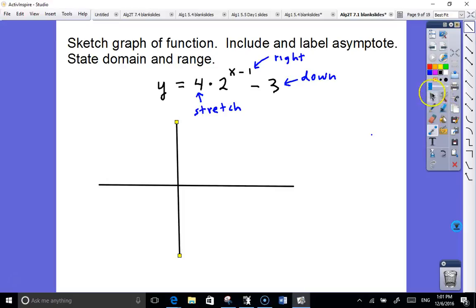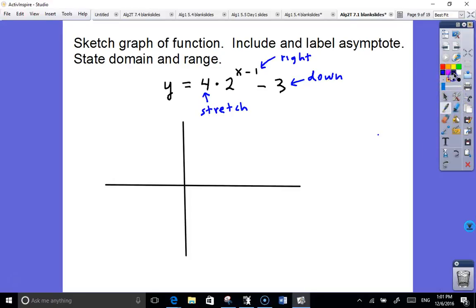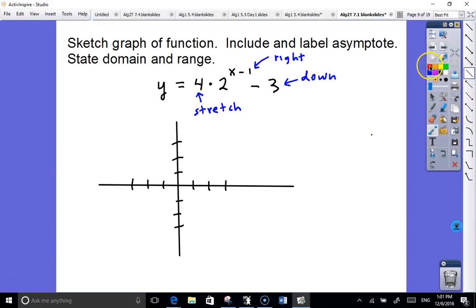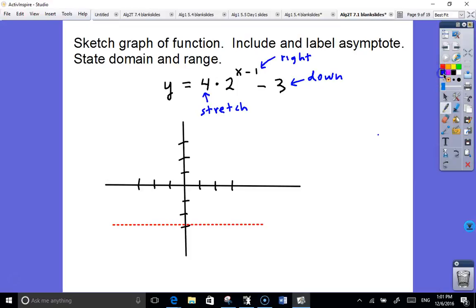Let me put some tick marks on this. 1 to the right. So I should move the asymptote down 3, dashed and red. And then I should label that line always y equals -3.